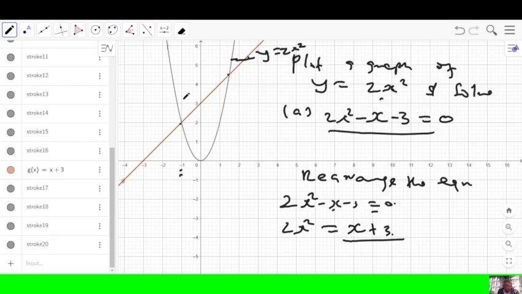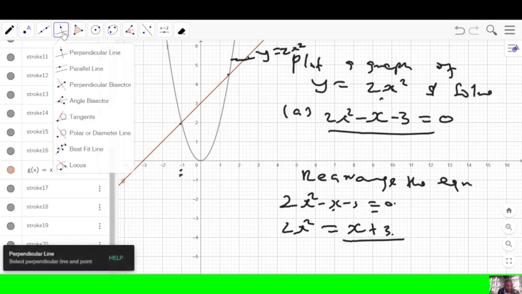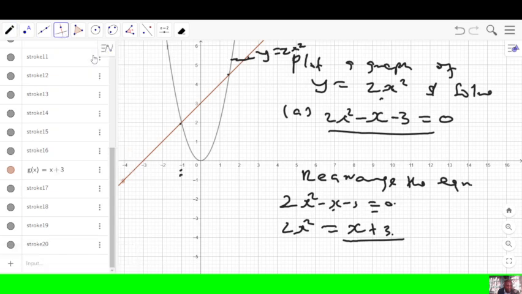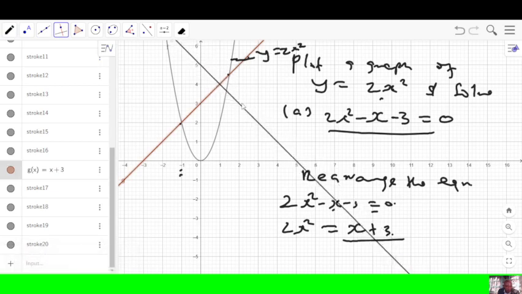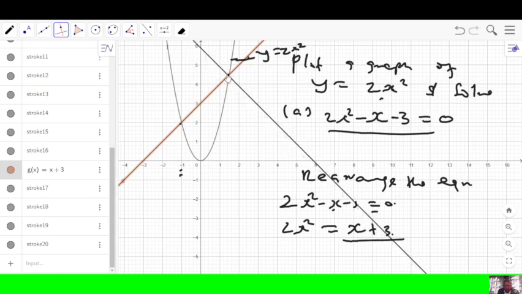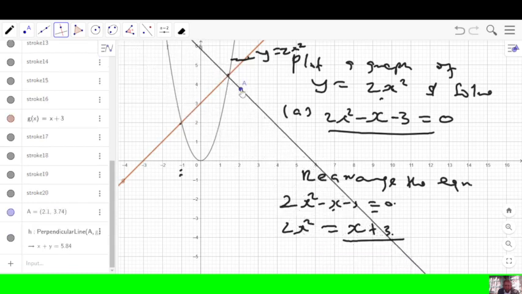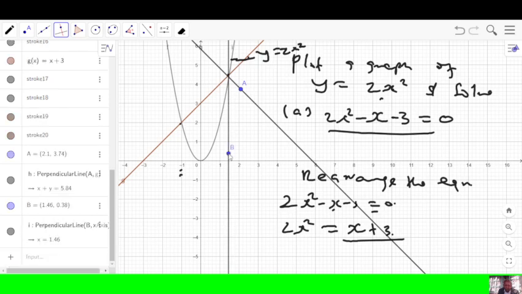Maybe I should find out whether I can drop a perpendicular line from this point. Yes, something like that. So you can see that's the perpendicular line here.